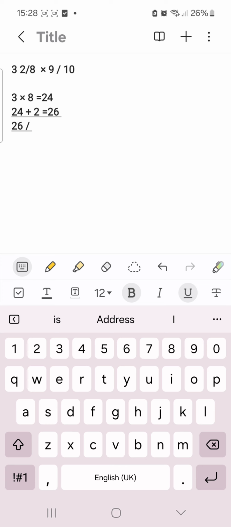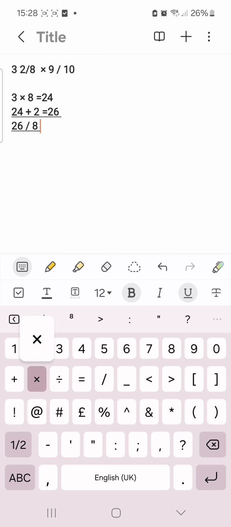So you have to make this clear. If you just write 26, it's just gonna be a normal whole number. It's not gonna be what you want it to be. So you have to write 26, either with a slash or with 8 underneath it. Now you found your answer.